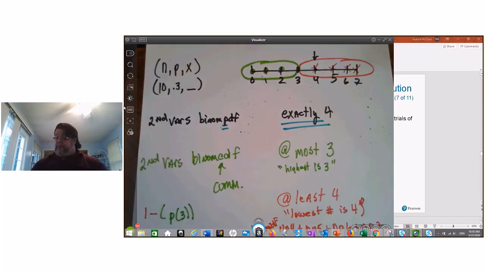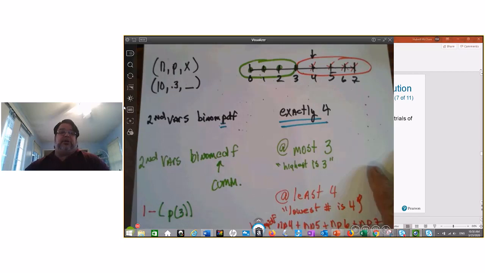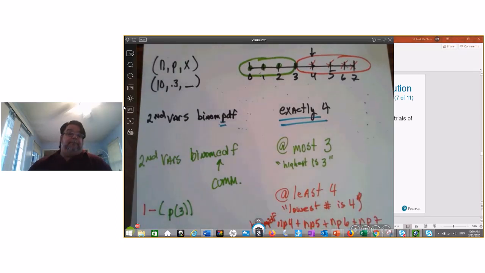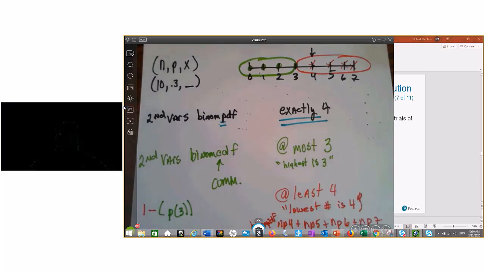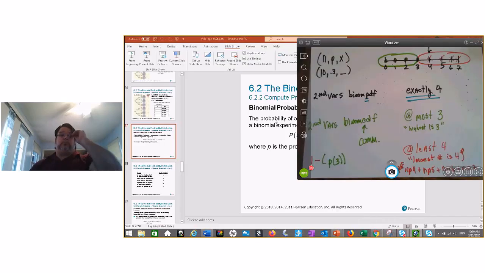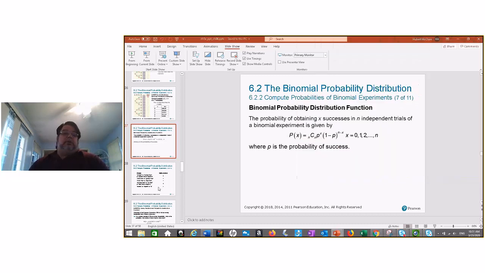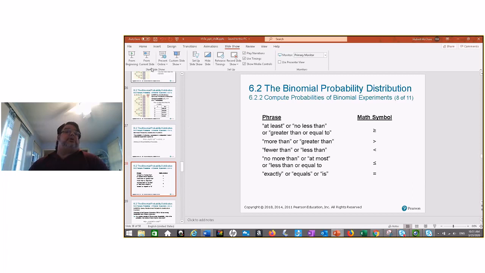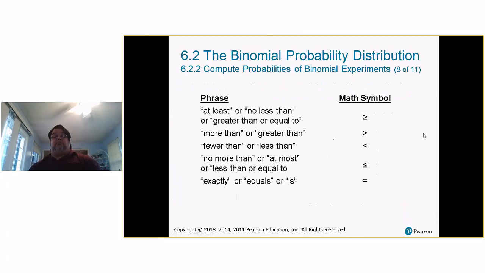Okay? So those are the 3 type problems that you're going to get. So, let's look at the problems that they're going to give us. I'm not going to spend a lot of time on this.